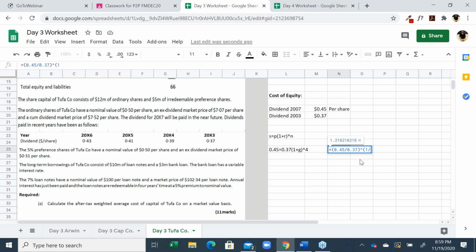If it's 4 on this side, I have to take 1 upon 4 on the other side. So this 4 will be cancelled out and I'll be only left with 1 plus g. And this one will also be subtracted on the other side. So I'm just going to subtract 1. And this is how we should be calculating the growth.